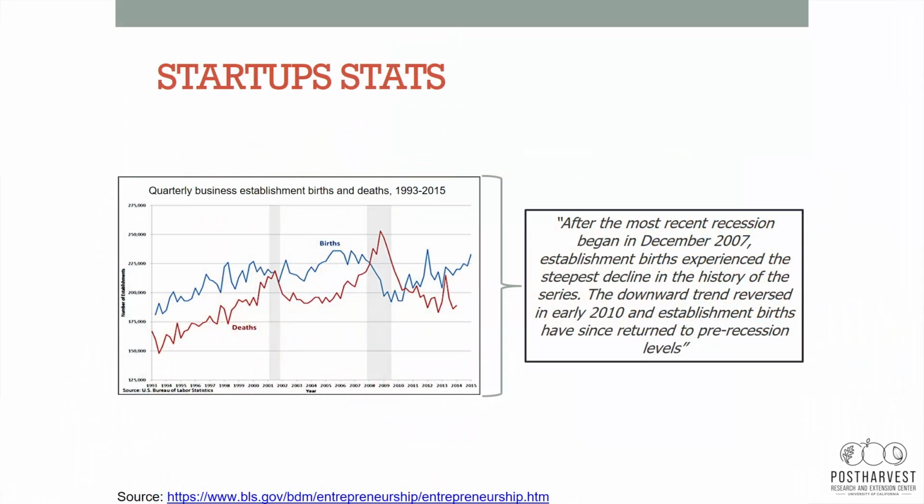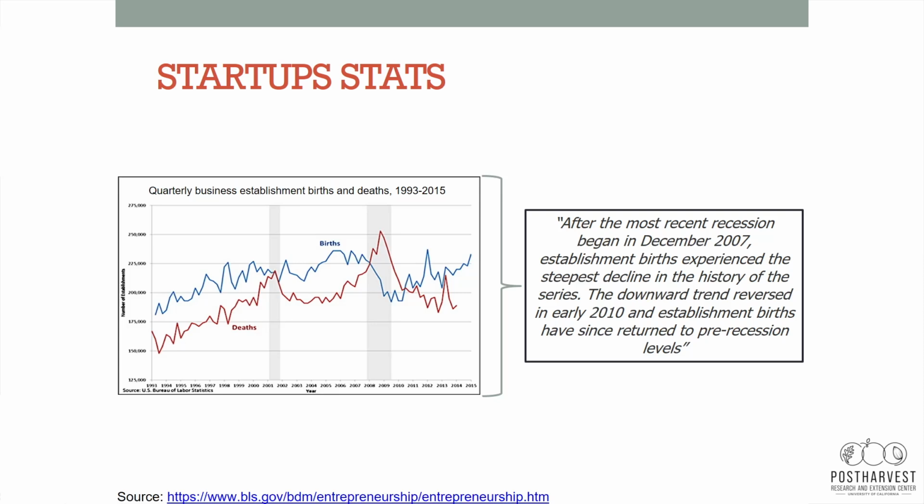A nice statistic that I have here is the startup company statistics. And I won't go into detail, but I summarized this here, and it says, after the most recent recession began in 2007, establishment birth experienced the steepest decline in the history of the series.